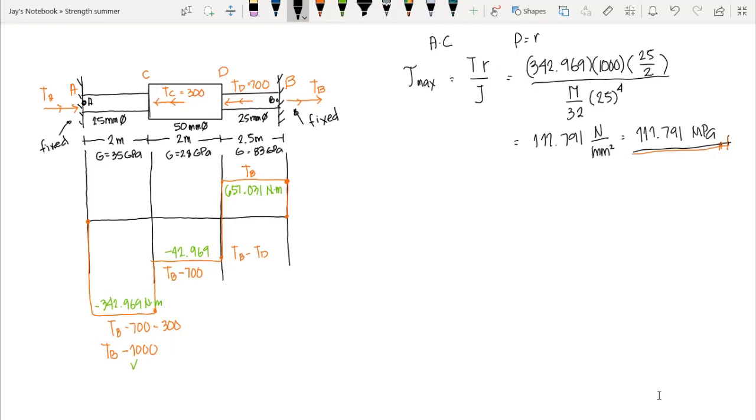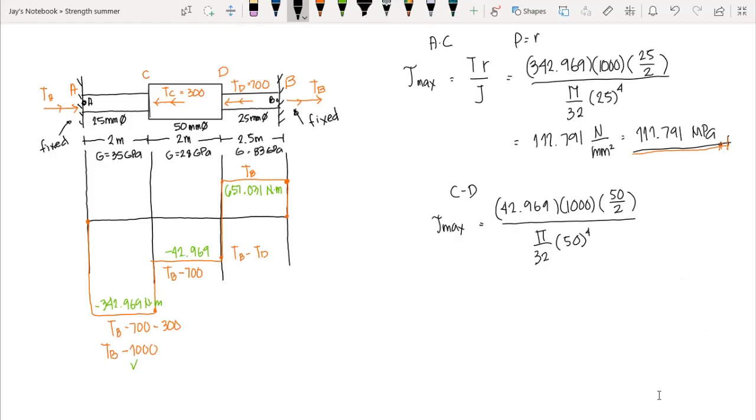Now for member CD, the maximum shearing stress is equal to the internal twisting moment in between C and D, that is 42.969 multiplied by 1000 to get Newton millimeter, times 50 divided by 2, that is 25, that is the radius, over the polar moment of inertia, that is pi over 32 times 50 raised to the 4th.